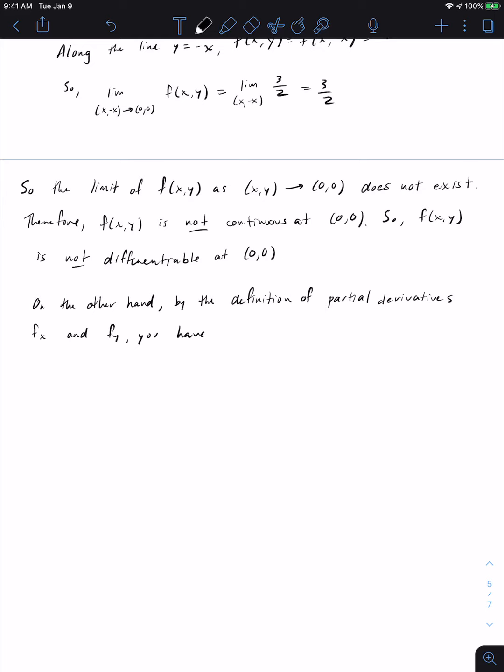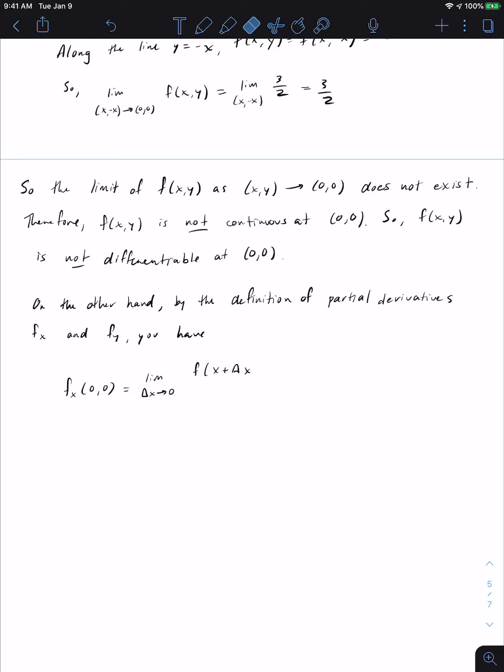So remember what the definitions were? It was f of x plus h, but in this case, since it's partial derivatives, we only had the x getting messed with, right? So if I look at f of x at the point 0, 0, using the definition of a partial derivative, it looks like the limit as delta x approaches whatever x is there. In this case, it's 0. And then it looked like f of x plus delta x, but in this case, what is x?